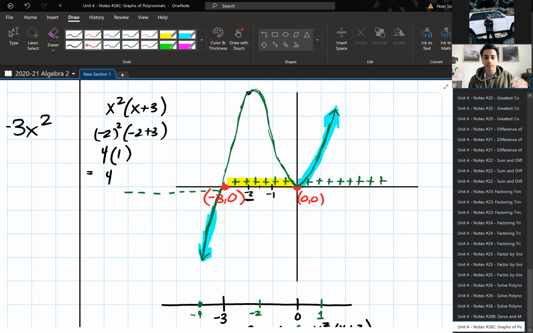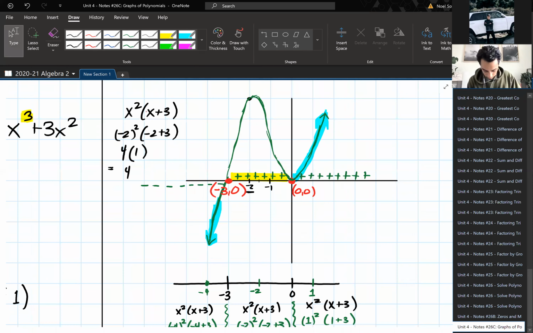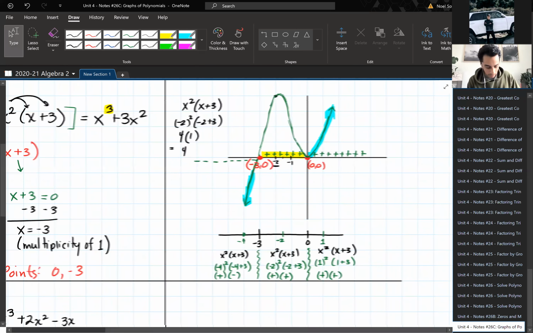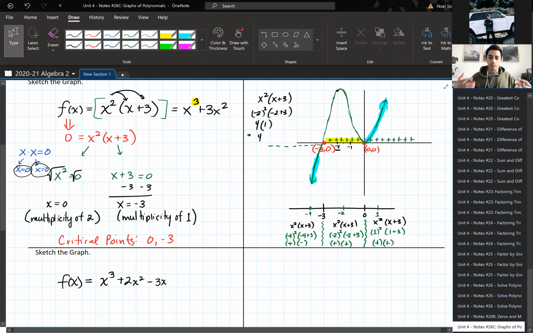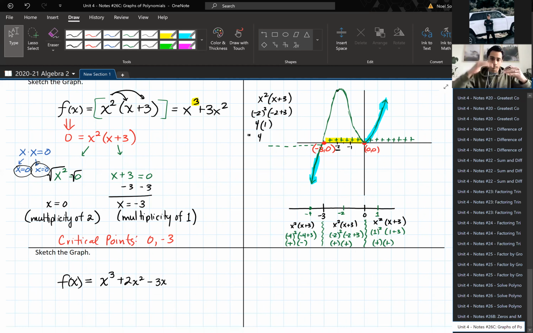So the sign analysis is just to give us more information to make sure that we draw the curve in the correct places. But yes, sign analysis is something that you need to do, because that's basically your proof that you know the curve should be in the right place, above or below the x-axis.